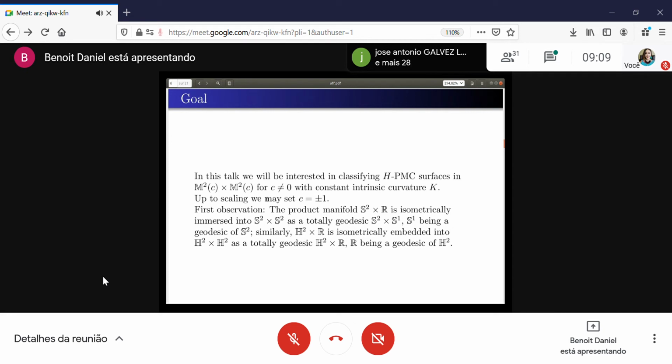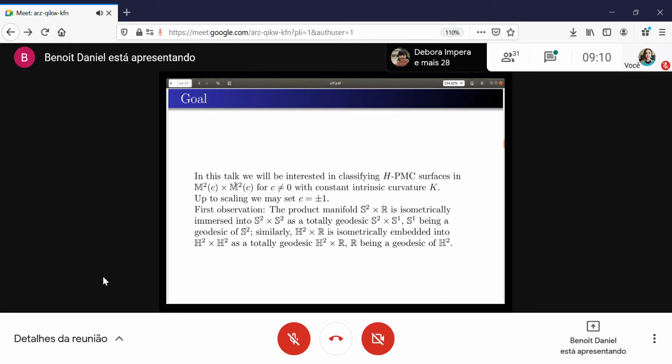And among them, this one has the property of being Kähler-Einstein. And we will see that, not really a direct consequence of this, but there is also a result from Torralbo and Urbano, which I will explain, which relates this problem of finding PMC surfaces in M2 of C cross M2 of C with a problem of studying CMC surfaces in M2 cross R. I will explain this next.